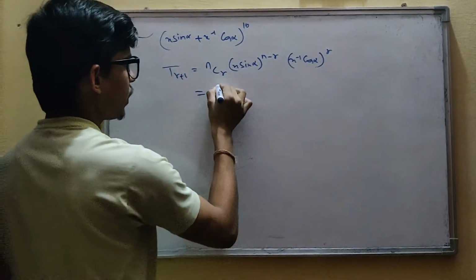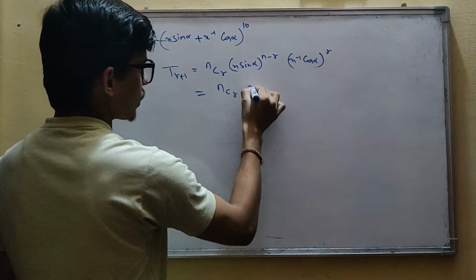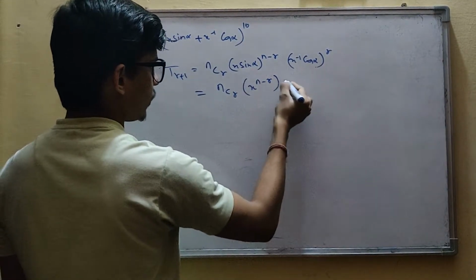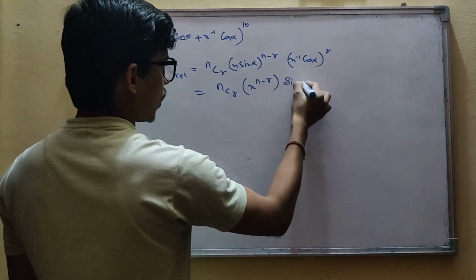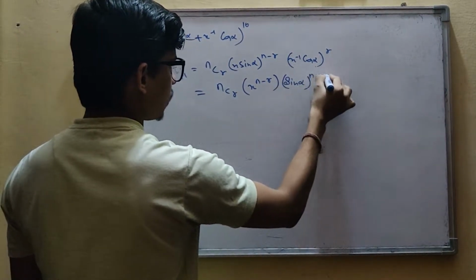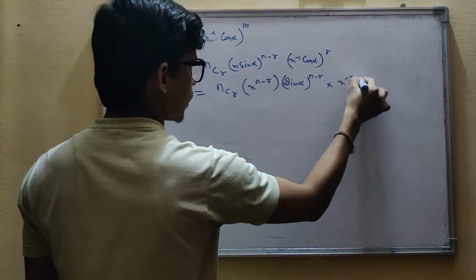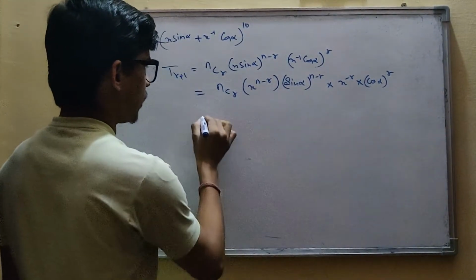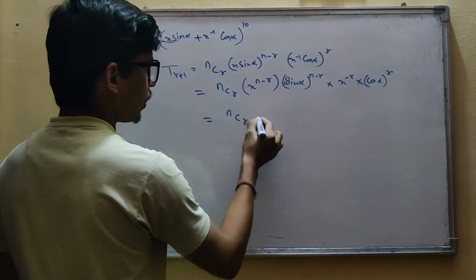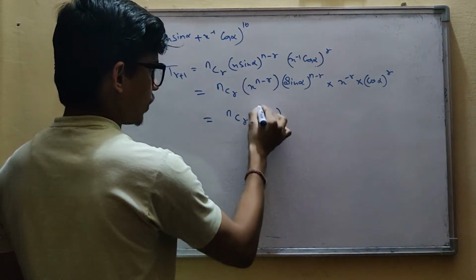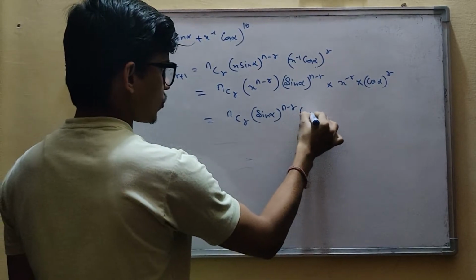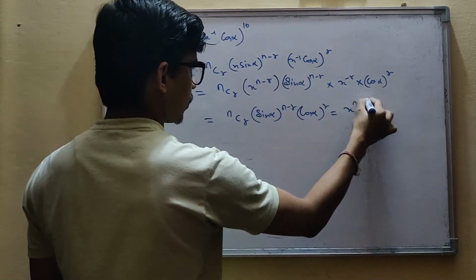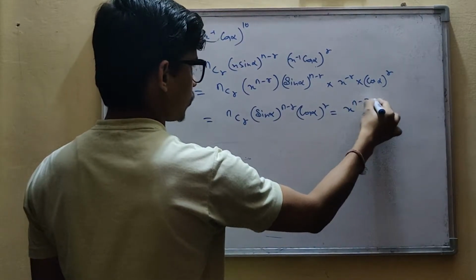So this is going to be nCr x^(n-r), and this can be written as (sin alpha)^(n-r), and again this can be written as x^(-r) into (cos alpha)^r. Okay, after separating them, nCr, this is going to be (sin alpha)^(n-r), this is going to be (cos alpha)^r, and after combining these two, I am going to get x^(n-2r).